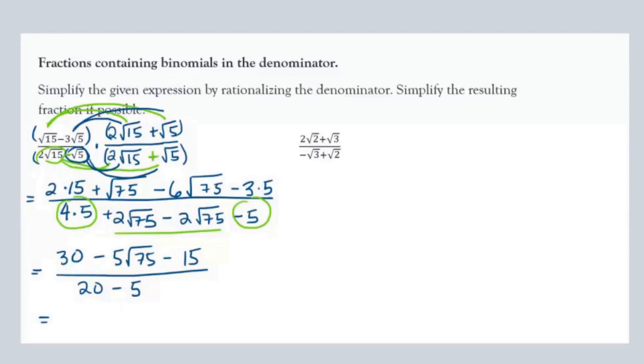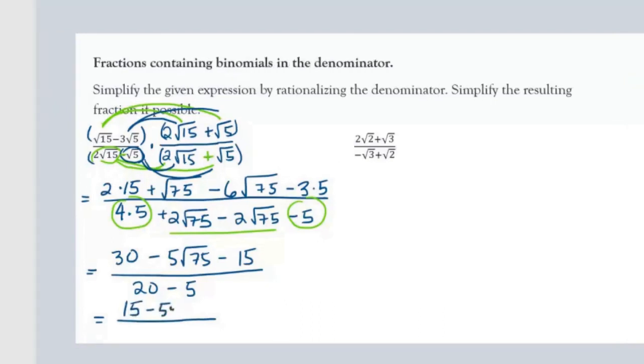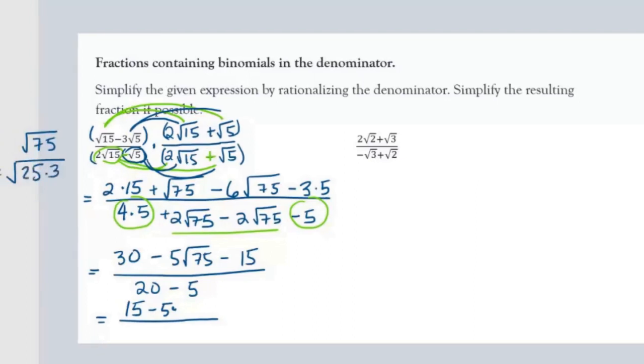A couple things left to do. We have to do the subtraction given by the numbers, and we'll have to simplify the square root of 75. We can do that in 2 more steps. 30 minus 15 is just 15. And here we have negative 5 times, well, I'll do the simplification of the square root of 75 over on the side. That's going to be 25 times 3. The perfect square that is a factor of 75 is 25.